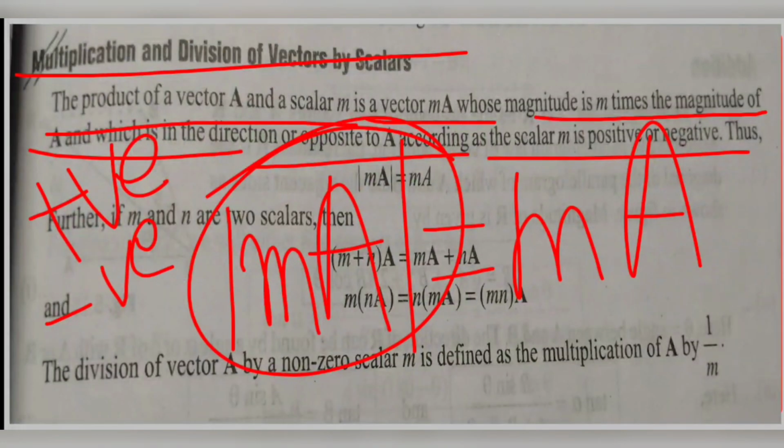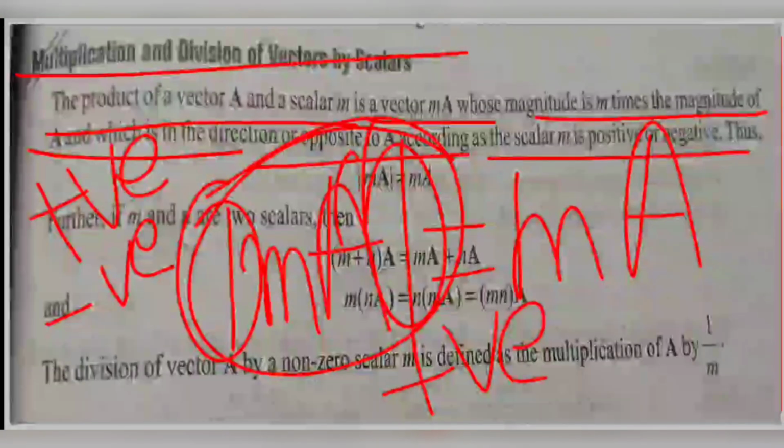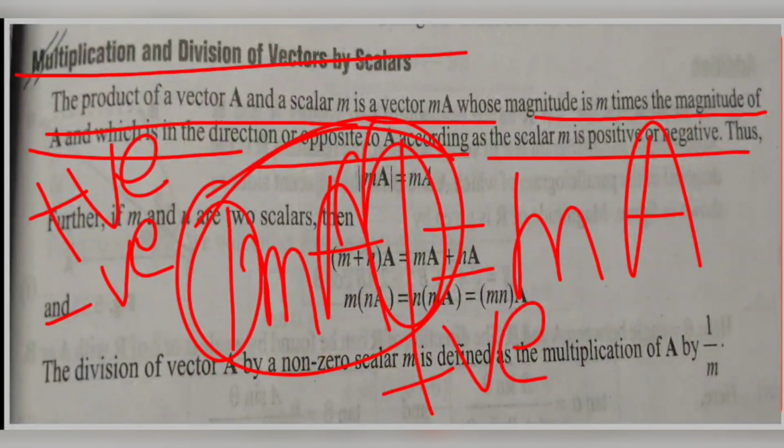This mod will remove that direction and automatically bring it out in the positive direction. So this is the multiplication and division of vectors.